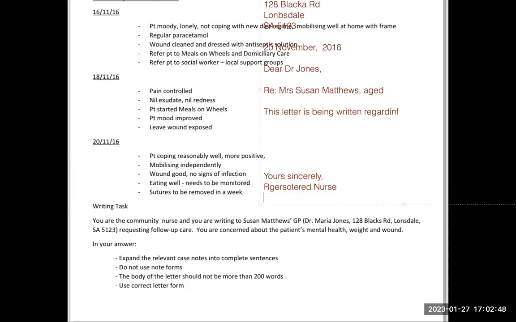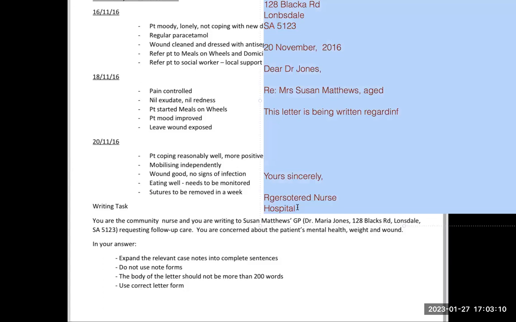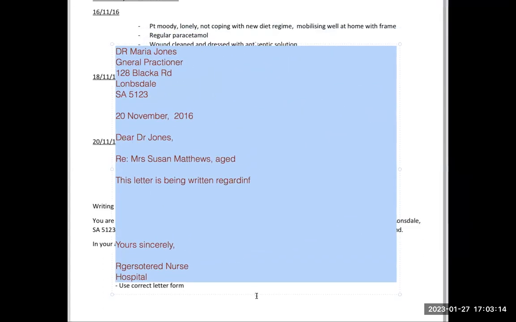Spelling again, forgive me. My own name is not given, so I won't write it. If a name was given, I would have written it, and if my designation or hospital is given, I will write my hospital name as well. So this is the pattern for the OET, and that is how you need to execute this.